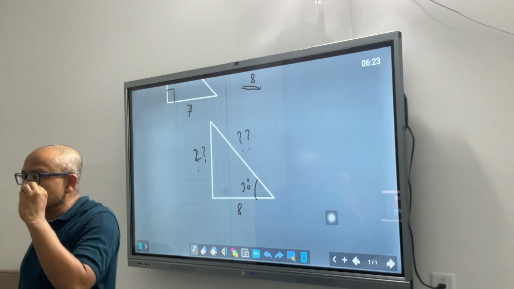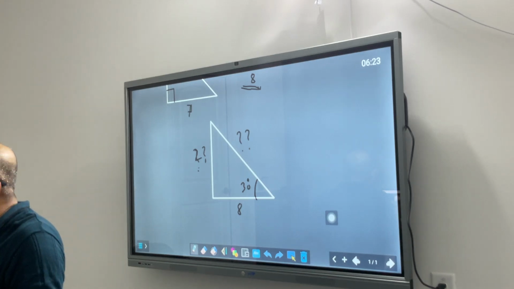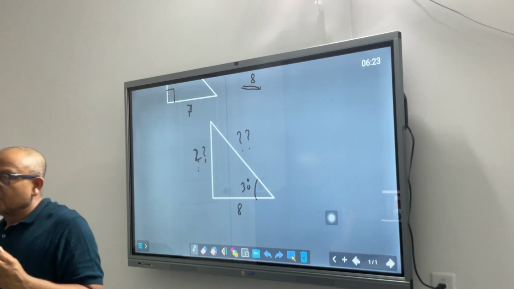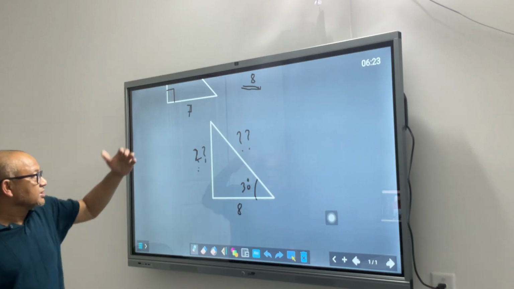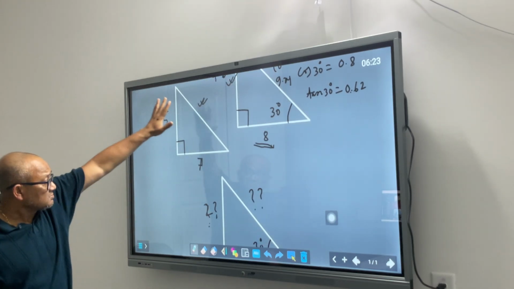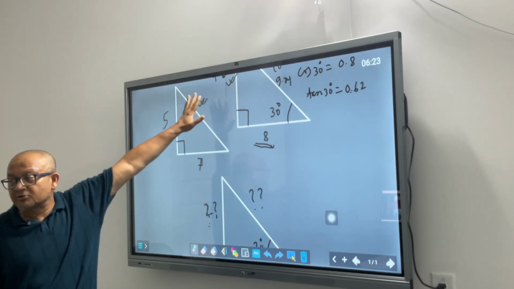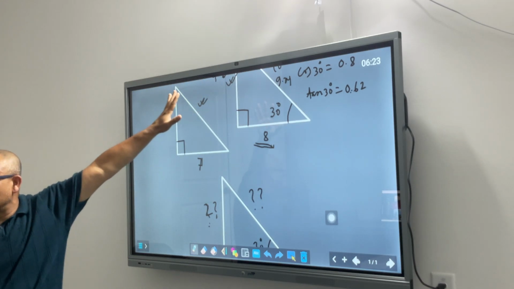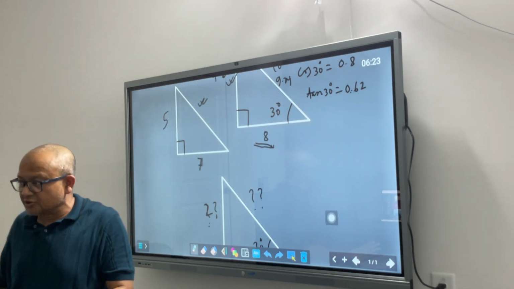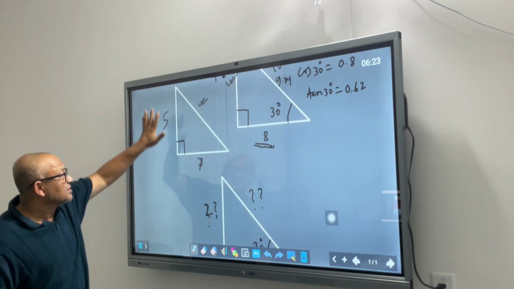I'm just giving you the basic knowledge of trigonometry which will help you to relate to these concepts. If you know two sides, you can apply the Pythagorean theorem to find out the third side. A square plus b square equal to c square. That formula that you all know. So basically you know the relationship between the sides.